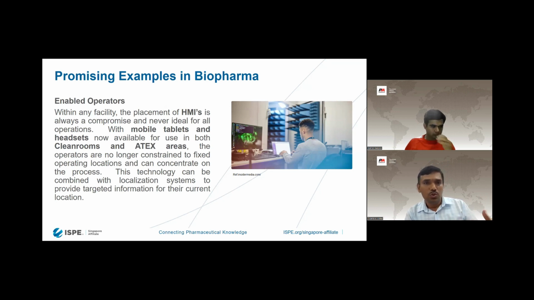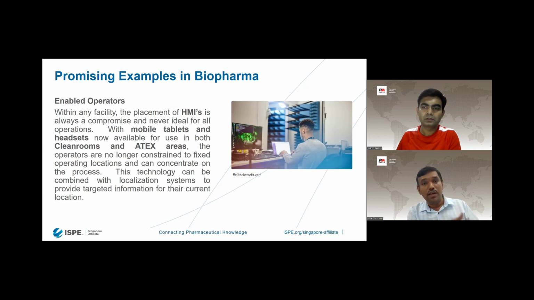Using mobile tablets or headsets, we can assess throughout what operation is going on. You can monitor, change set points, control, reset, and switch things on and off easily using the mobile tablets. And this will help not only with the process control system; we can also connect to OT-level platform equipment like MES, or maybe the PI system.